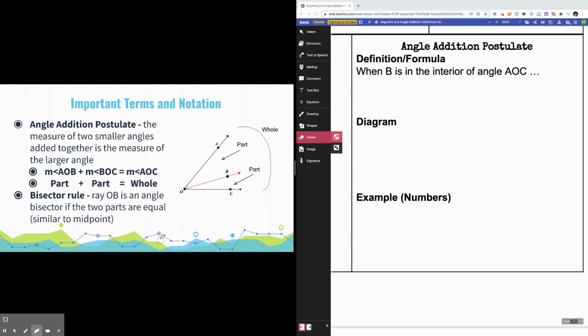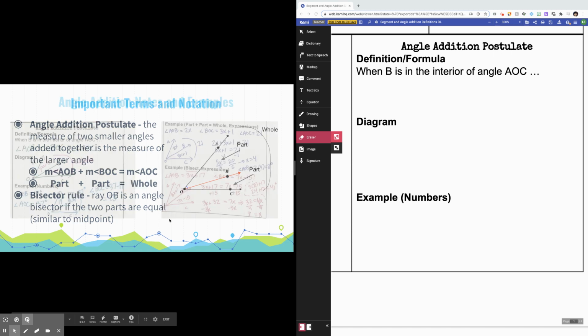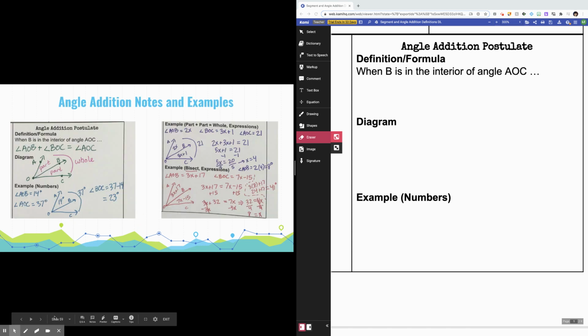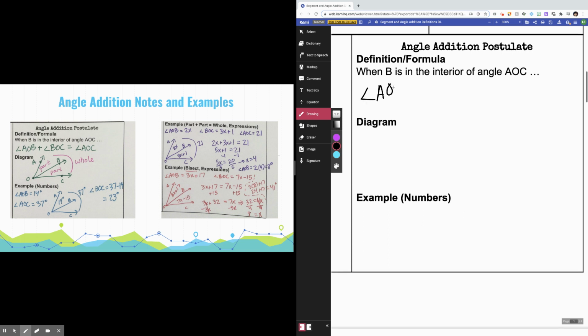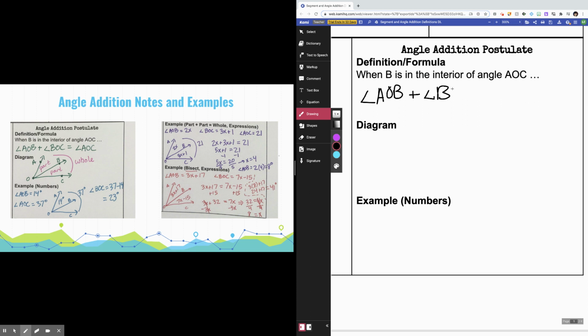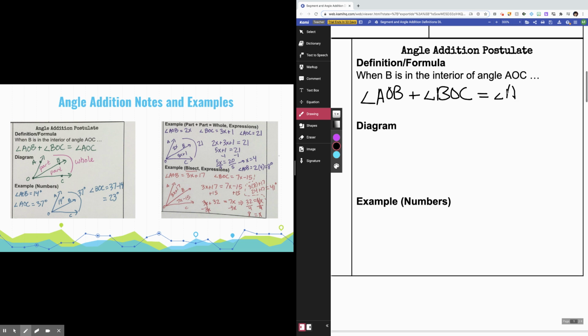All right, so let's do some examples and write some formulas out here. The actual formula that you're using is, when B is in the interior of angle AOC, angle AOB plus angle BOC has to equal angle AOC.